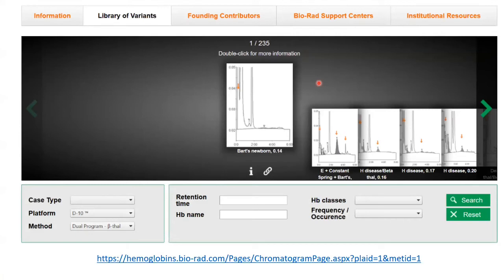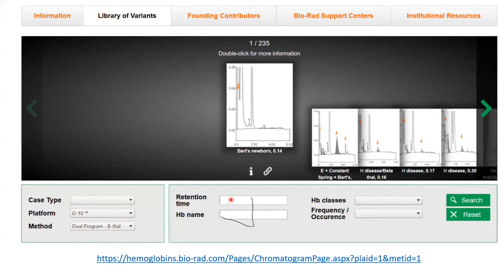So Biorad has this useful online tool, which is the library of variants. You can just go to their website and search for this on Google, and this is very helpful. You can input whatever machine you have, only Biorad machine, and the program which you are running. So in this particular screenshot, I have set it as a D10 with a dual program, that is a beta thal detection program.